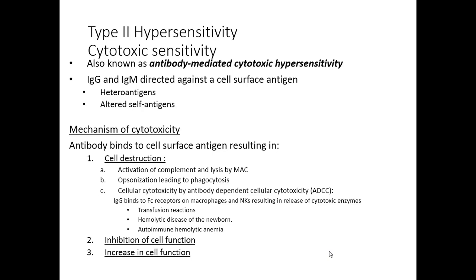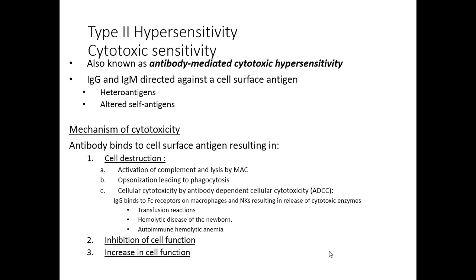We're going to have either heteroantigens, which we remember are antigens of another species that are able to produce an immune response in humans, but we can also have things like altered self-antigens, and we'll talk about this in a few minutes. In type 2 hypersensitivity reactions, this is a cytotoxic reaction, but it's premised on the fact that there's been an antigen-antibody reaction.